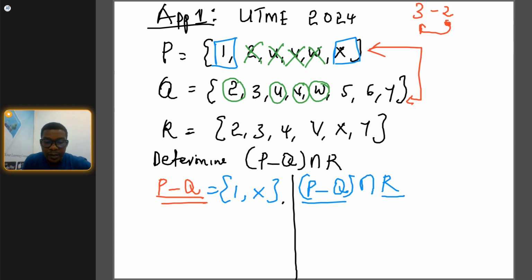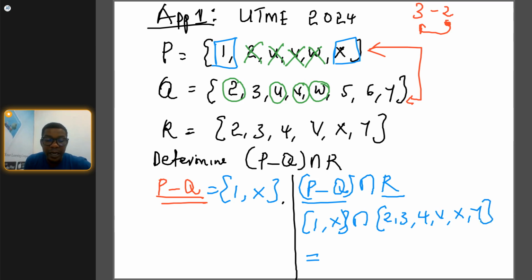So if I write this, P minus Q is 1, X, intersection. Now let's write the elements of R. We have 2, 3, 4, V, X, Y.